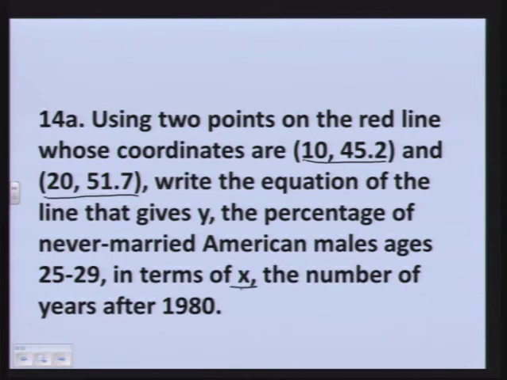So let's see what an ordered pair looks like. Our x, y, or either of these 2 points, shows x as the number of years after 1980, and y is the percentage of never married males.